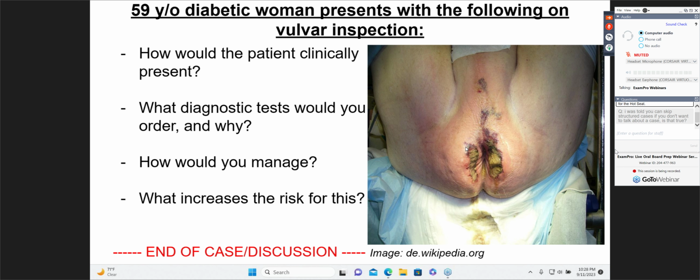So Chihiro's saying, my first guess for the picture was lichen sclerosus because of the loss of architecture. Is that an unreasonable answer? I think there's a little bit more going on. You don't have that cigarette-paper white look. I mean, you know something bad's going on. This is what I've seen. Lichen sclerosus looks more red.